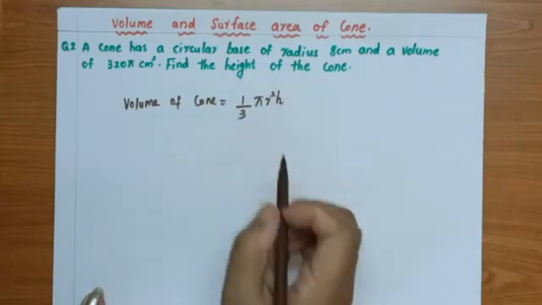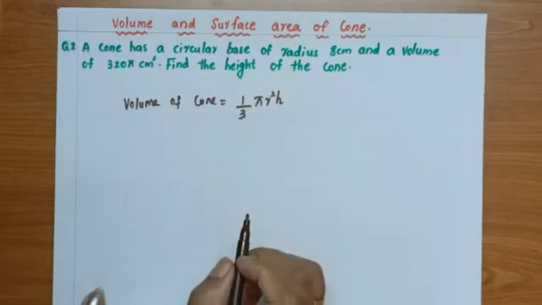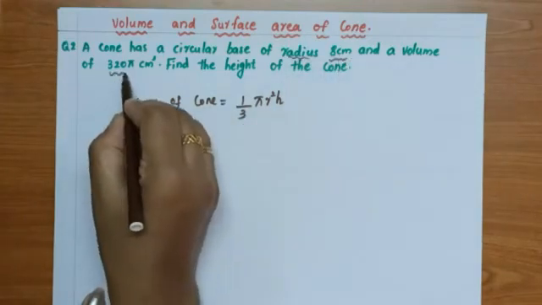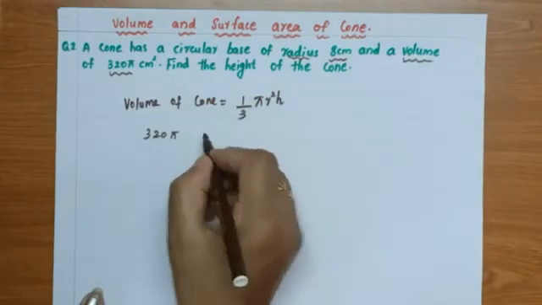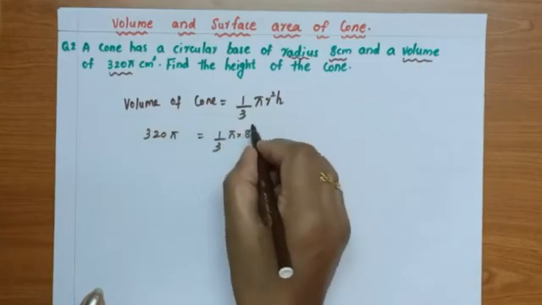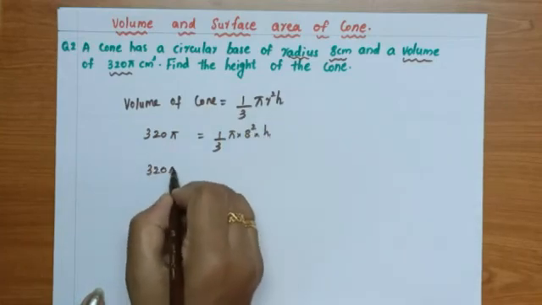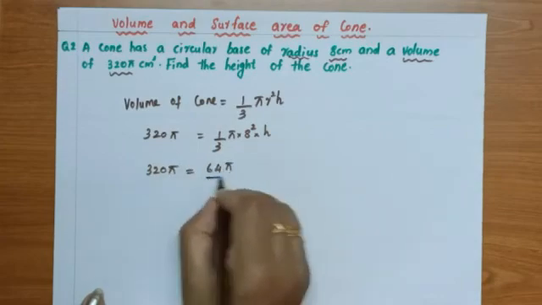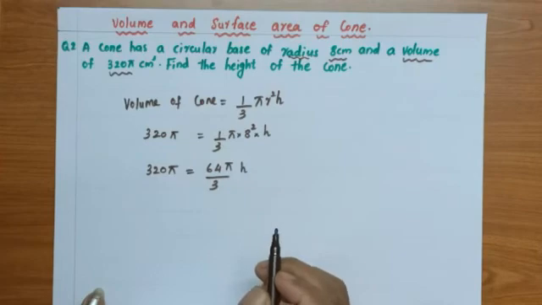Here the radius is given as 8 centimeter, and the volume is 320 pi. So 320 pi equals 1/3 pi, r is 8, so 8 square, into height. So 320 pi equals 64 pi by 3 into h. 8 8s are 64, so 64 pi by 3.